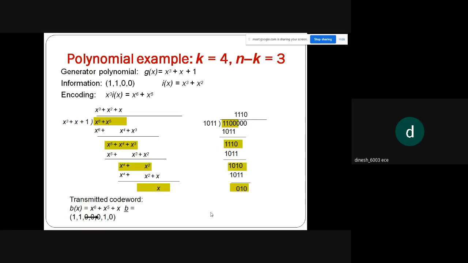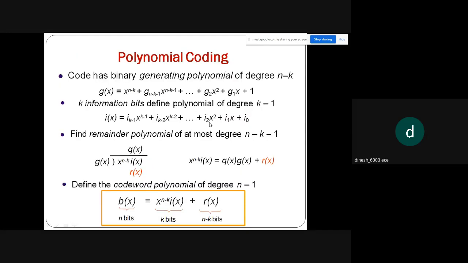This is a good example of your polynomial coding, where the generator polynomial is given with k is equal to 4. If k is 4, n minus k is 3. So we need to generate n minus k.